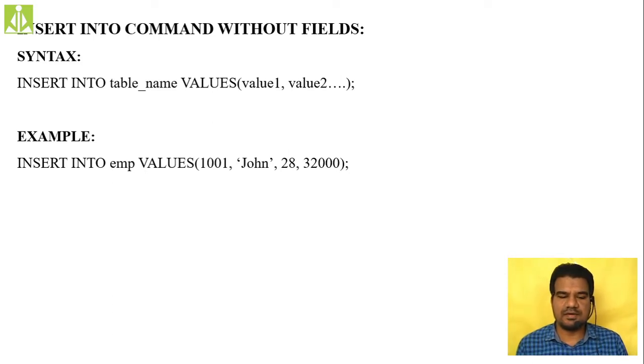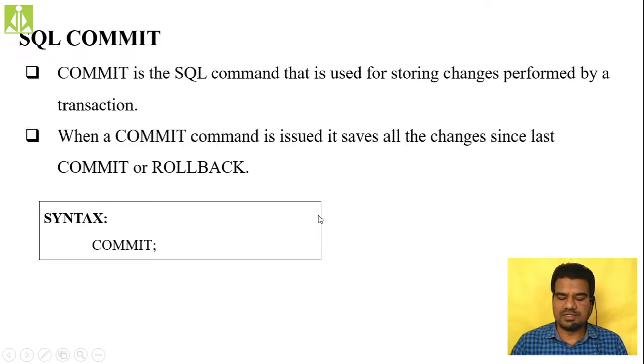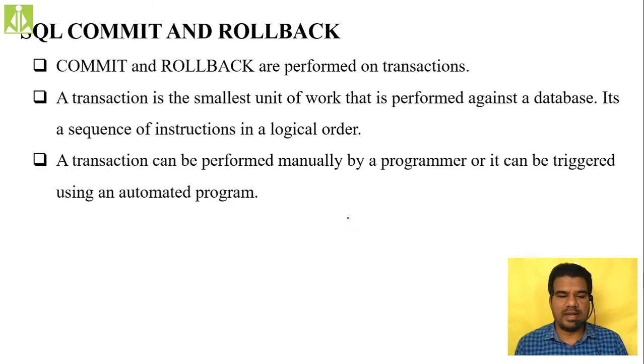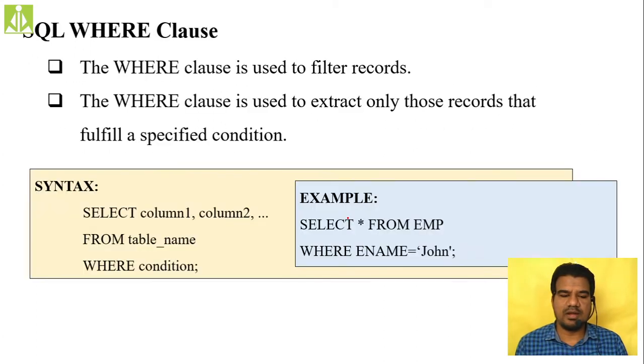Then the insert command for multiple record entry, and to repeat the command, we said to use the forward slash. Let me take the marker. Over here, this forward slash we use simply to input multiple records into your database. Then the commit and rollback commands: the purpose of using each of them, we are clear with.